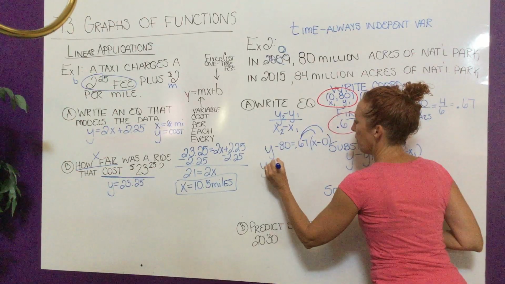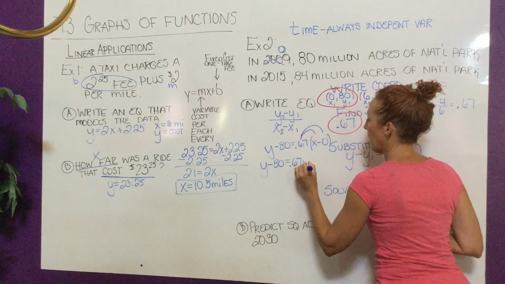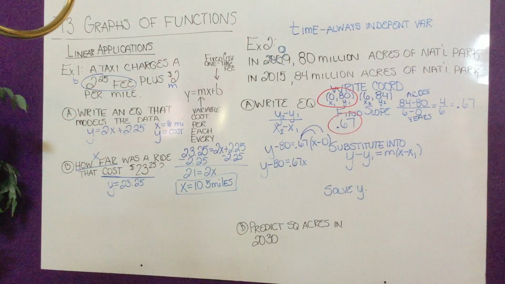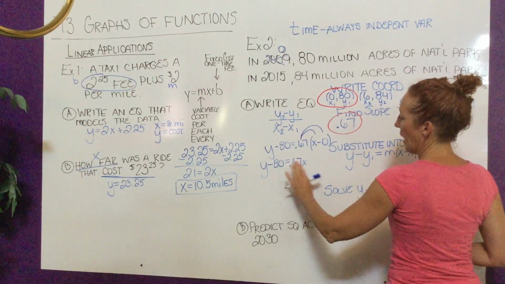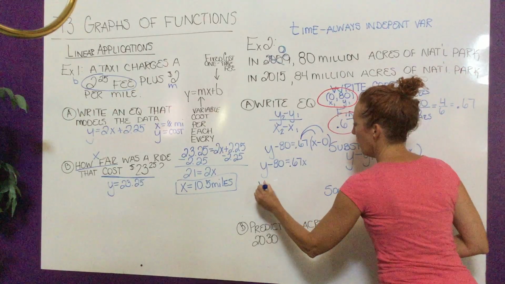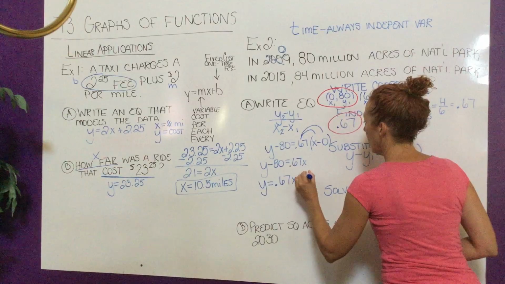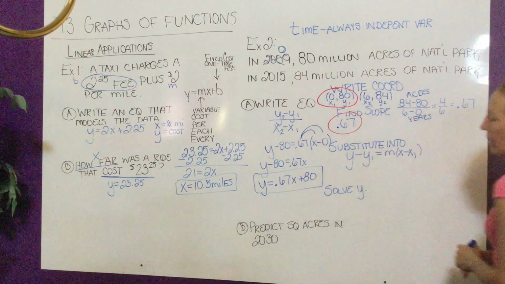So we're going to have y minus 80 equals 0.67x. And then, of course, when we multiply by 0, that's nothing. And so I'm going to jump this over to the other side, add 80, and we can do that part in our head. And so there is our model there.